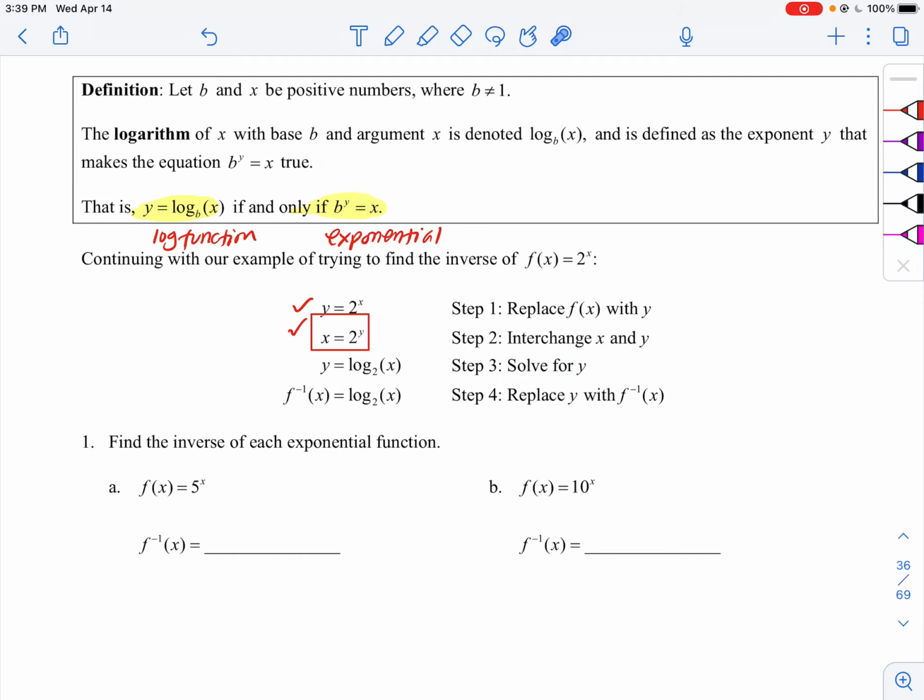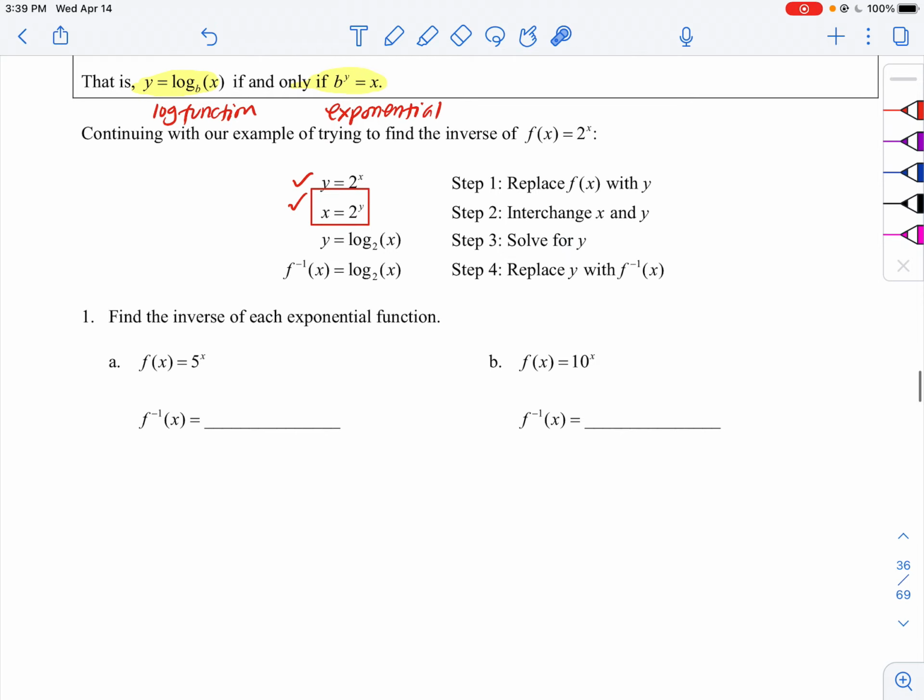So we're going to follow the same pattern in trying to find the inverse of this exponential function. So let's start with step 1. Okay, step 1. We are going to replace f of x with y. So this is y equals 5 to the power of x.